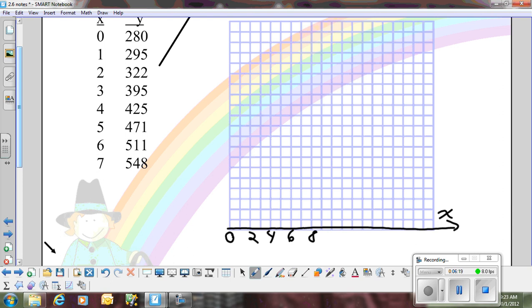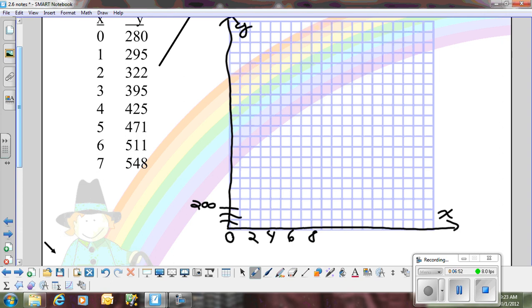Now my y-axis over here is a little bit trickier. I need to decide what kind of a scale I should use on this. And we're actually going to break, we're going to start at 200. When I look at that, if I go from 200 to 548, let's count by 25s, okay?